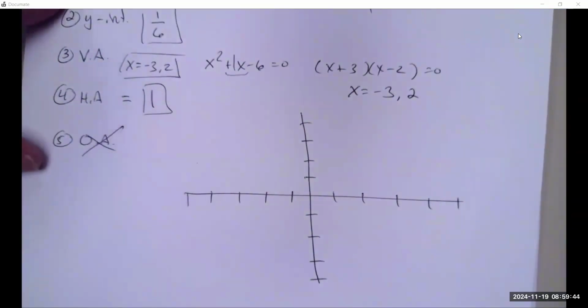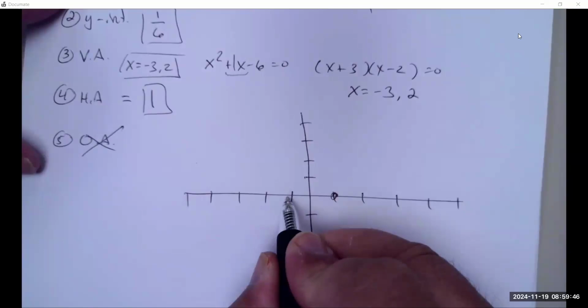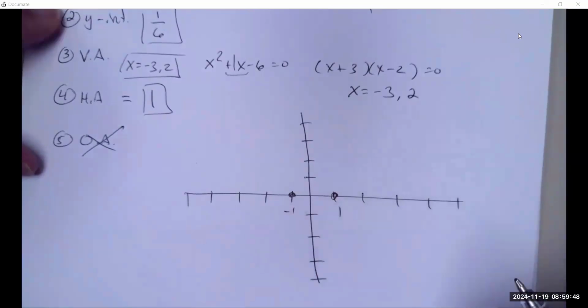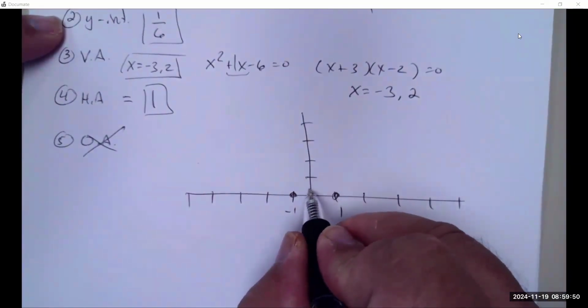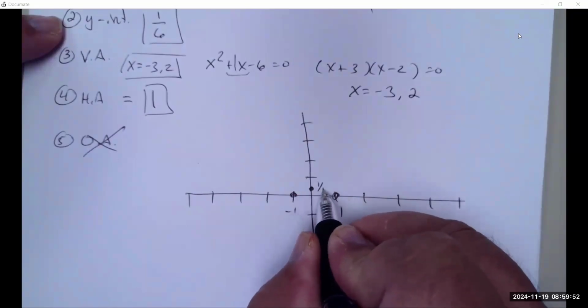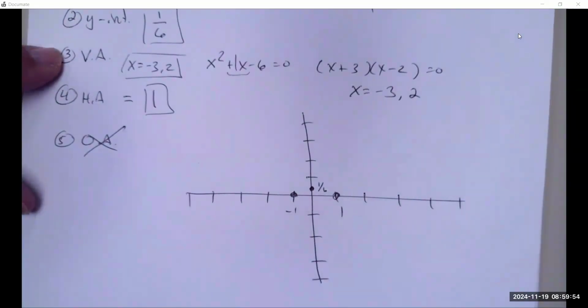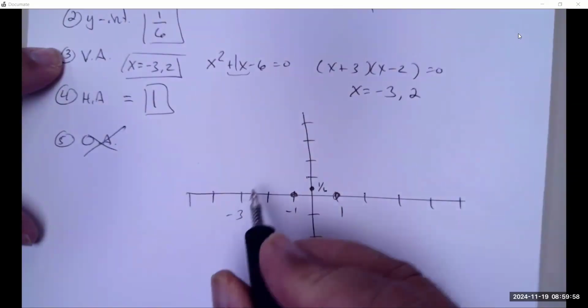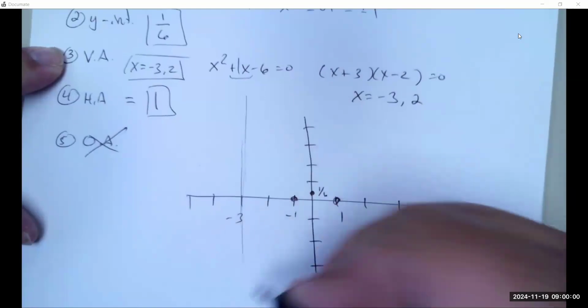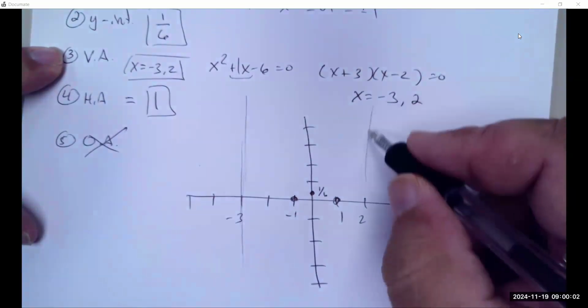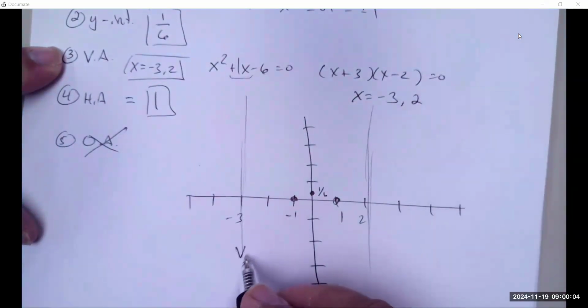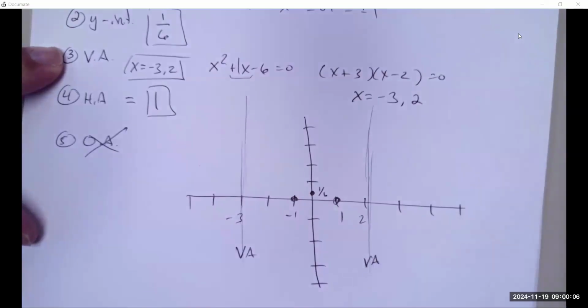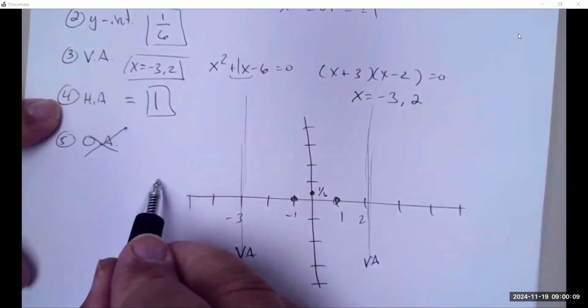So my x-intercepts were at 1 and -1. The y-intercept is at 1/6. Vertical asymptotes are at -3 and 2. Horizontal asymptote is at 1.